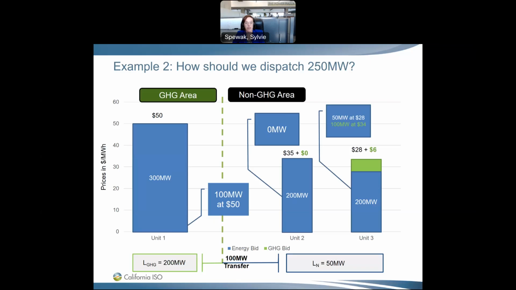So we'll dispatch a total of 150 megawatts from Unit 3. 50 we'll consider as serving the non-GHG area, so 50 megawatts of Unit 3 will cost $28 per megawatt hour. 100 megawatts of that same resource cost $34 per megawatt hour, and the GHG area will be responsible for paying for that.